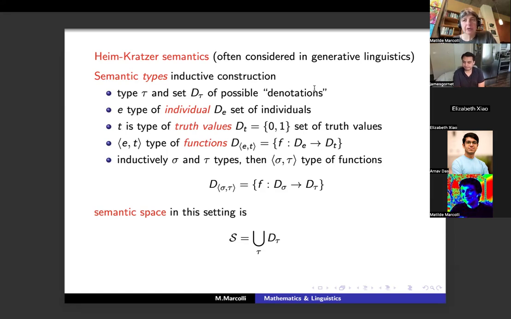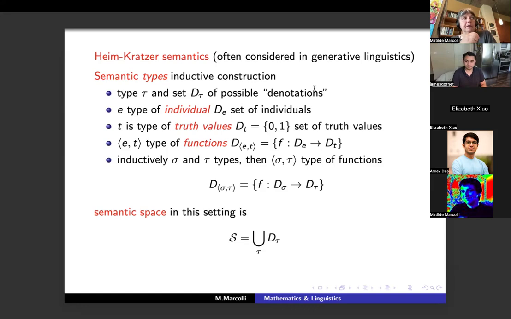Something that's a little more elaborate is what I started talking about at the end of last time, which is the Heim-Kratzer model of semantics, which is based on the idea of having some kind of logic associated to semantic space. I'll say a bit more later in what sense one relates this to logic, but another way of saying what the construction is: they form a semantic space based on a collection of types.